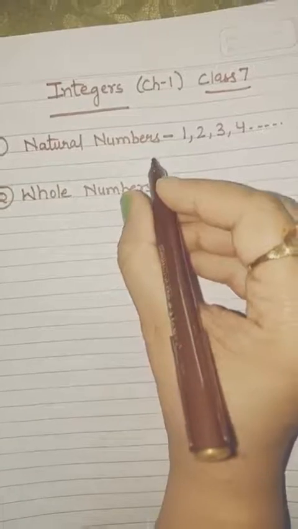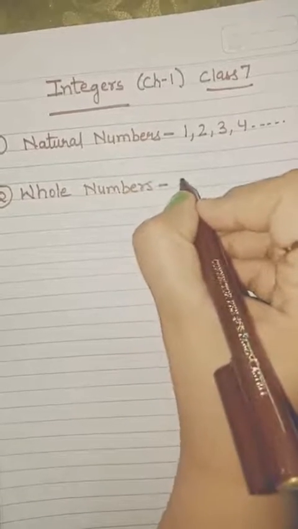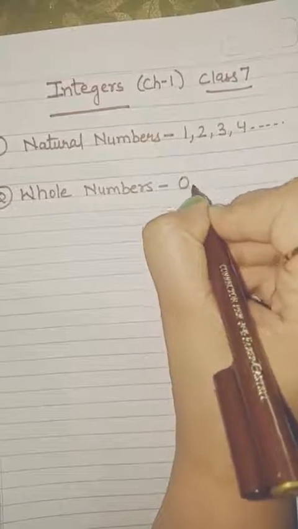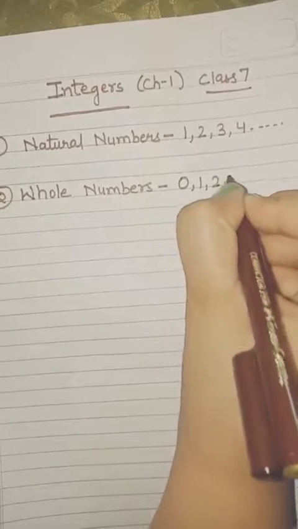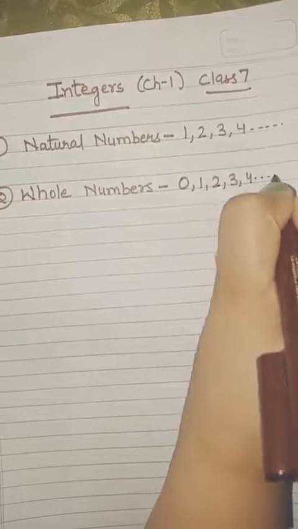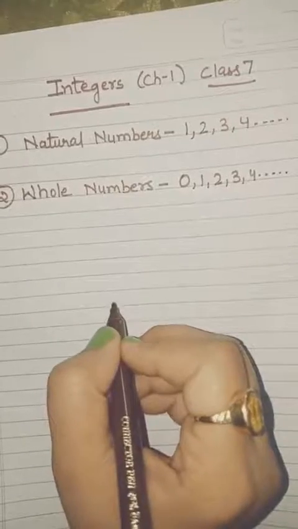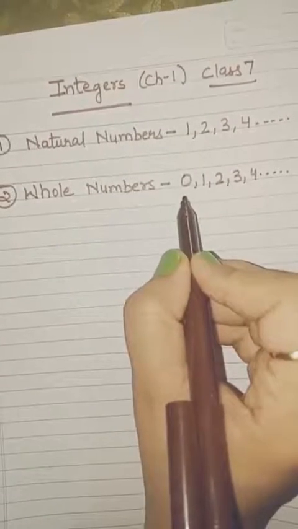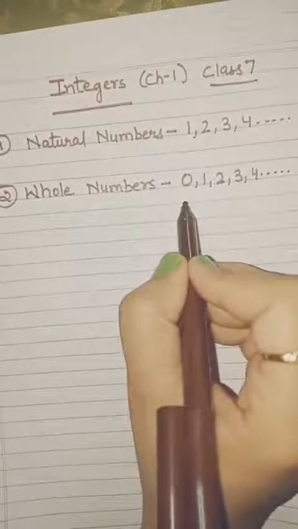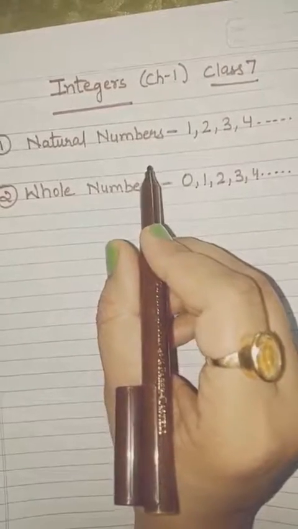The difference between natural numbers and whole numbers is that whole numbers start with 0, then 1, 2, 3, 4 and so on till infinity. So we can say all the natural numbers are whole numbers, but all whole numbers are not natural numbers.